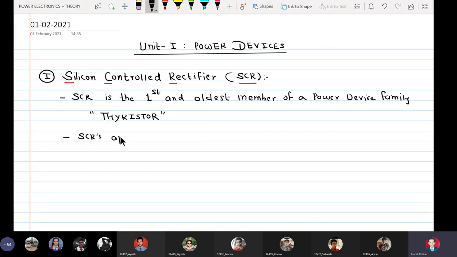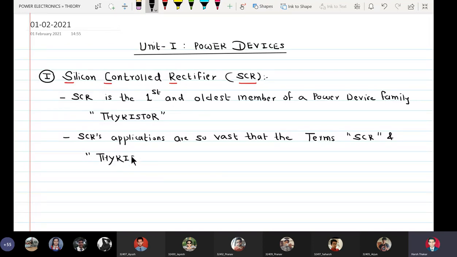SCR's applications are so vast that the terms SCR and thyristor are used interchangeably.